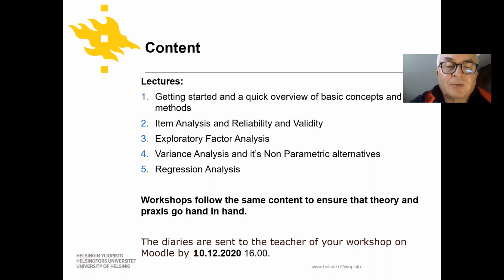And our workshops follow the same content, and we try to keep the lectures and the workshops as close as possible in content, so that it is easy for you to first, flipped classroom, first get acquainted with the ideas and then try them out with the teacher and your fellow students. So that's the main idea of the whole program.